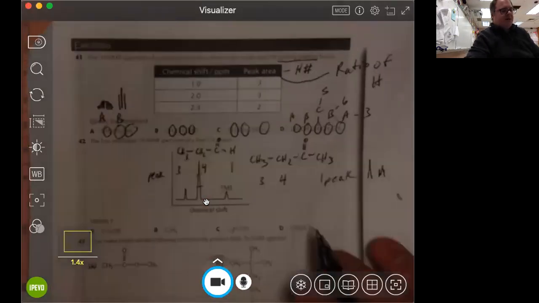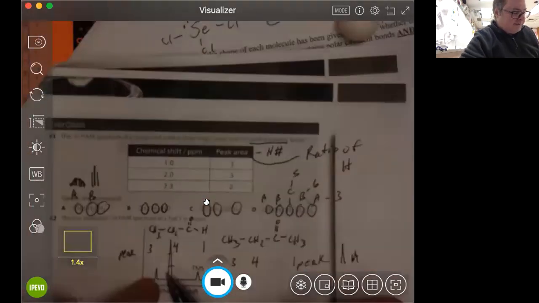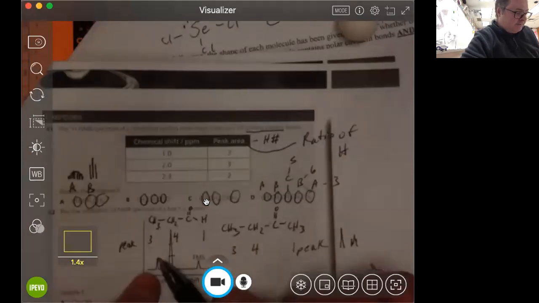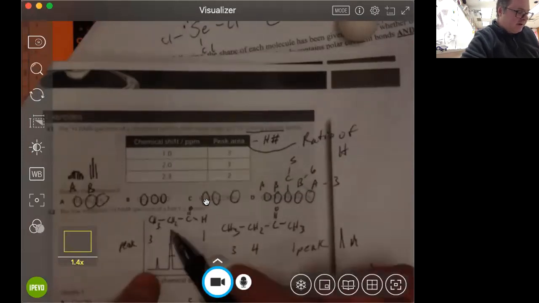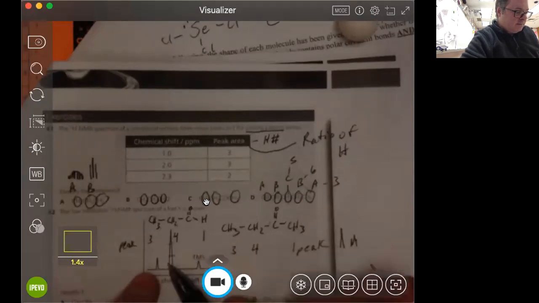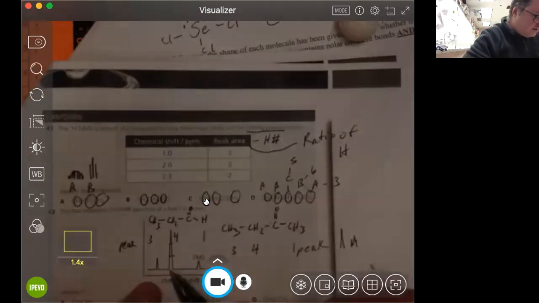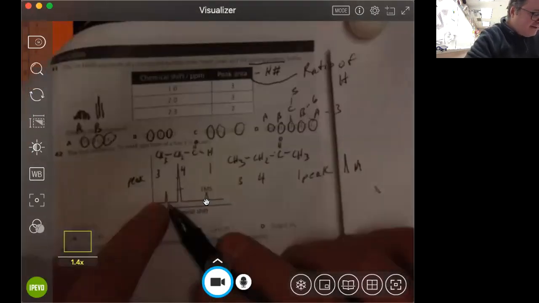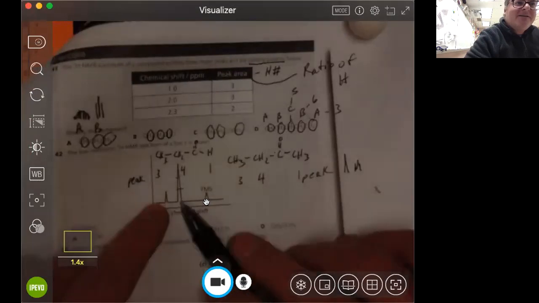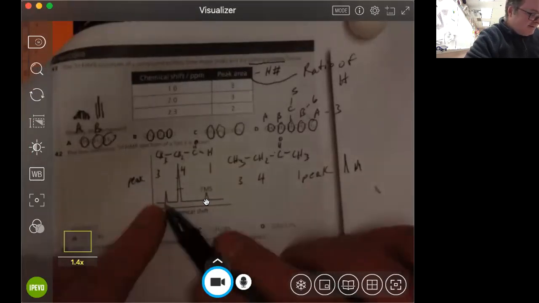No worries. So peak area, basically what they're talking about is how much area this peak is taking versus how much area this peak is taking. So it's not the width. Well, it may be the width. That would make sense with area, but I don't know.